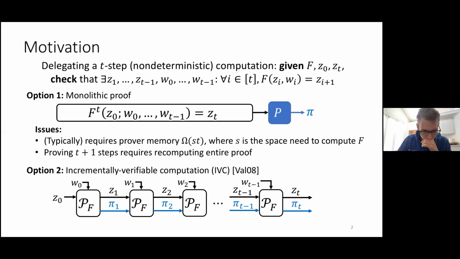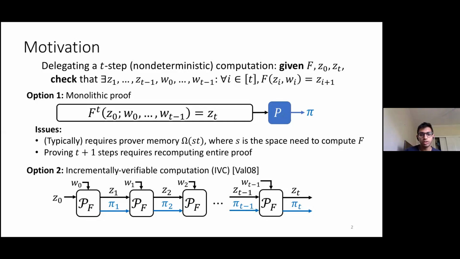And then at the 1st step, the IVC prover takes in pi1 and z1 and checks that f is applied correctly, but also that pi1 is valid. So basically, at each step, you check that the proof for the previous step is valid, and you check that this step's computation is performed correctly. And you can continue this indefinitely until you are satisfied.